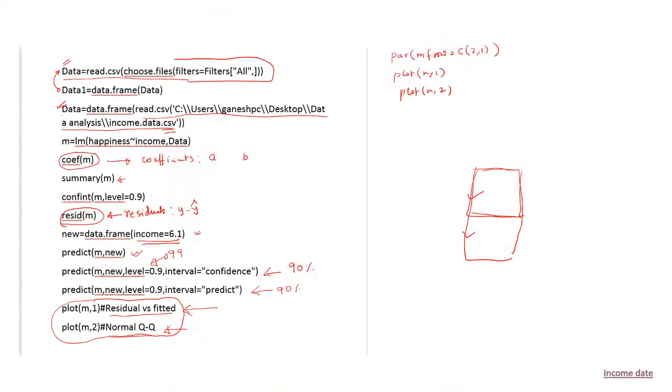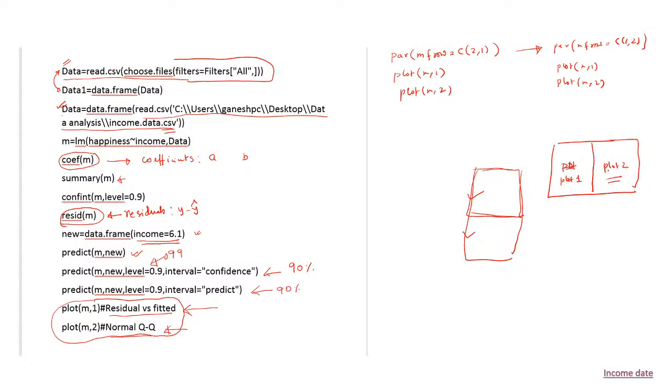And instead of this, if you use this command par mfrow c1 comma 2, and then write plot n comma 1, plot n comma 2, then you divide your whole graph paper into two parts, then plot 1 here and plot 2 here, okay.